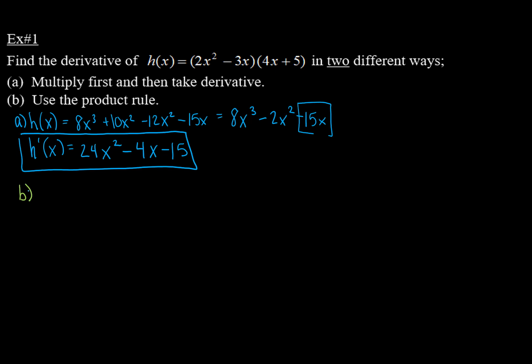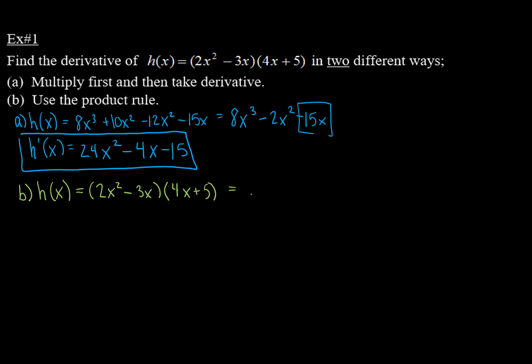Next, let's do it using the product rule. Let's consider h of x, where the first function is 2x squared minus 3x, and the second function is 4x plus 5.